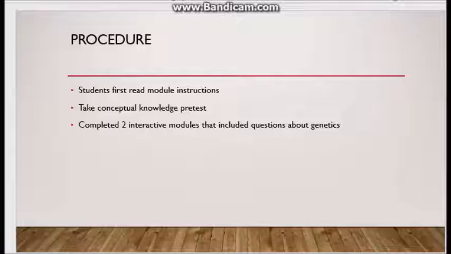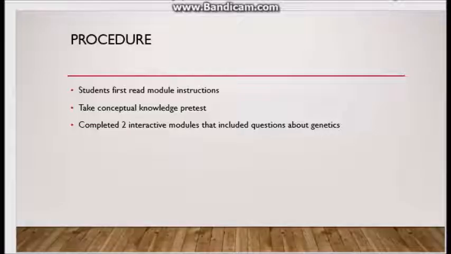So the procedure of the experiment, it involved a group of undergraduate students who were taking an Intro to Genetics class. These students, the goal was for them to complete two interactive modules. These modules were genetics-based modules, which have questions, text, graphs, pictures, but also interactive charts and imagery that they were able to use to complete the assessment.